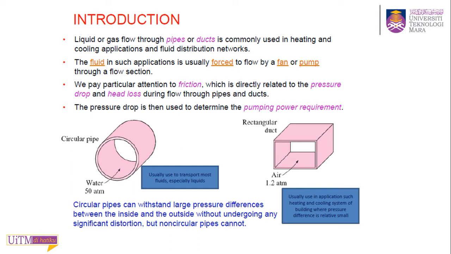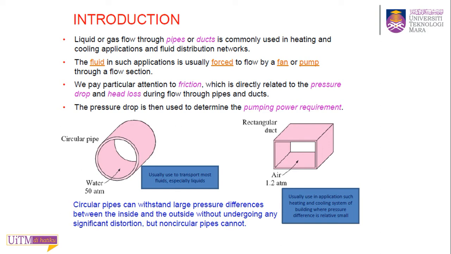The fluid flowing with the wall of the pipe will always generate friction. Because of that friction, you get loss: pressure loss, pressure drop, and head loss during the flow of the fluid through pipes and ducts.